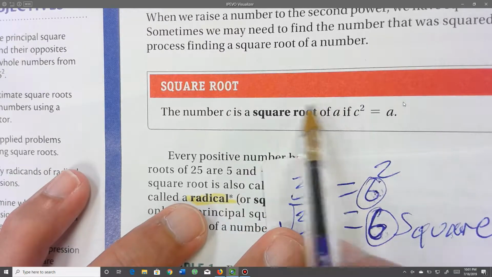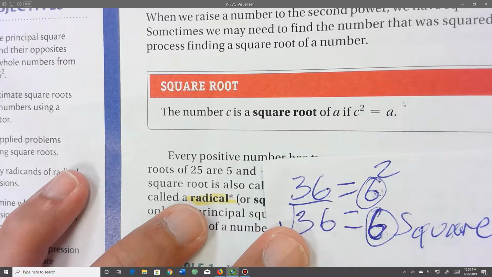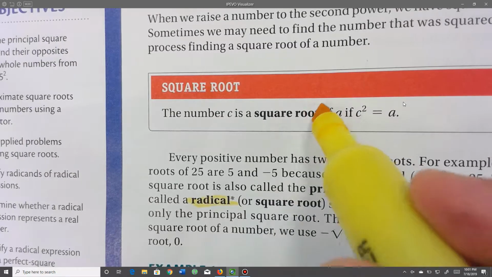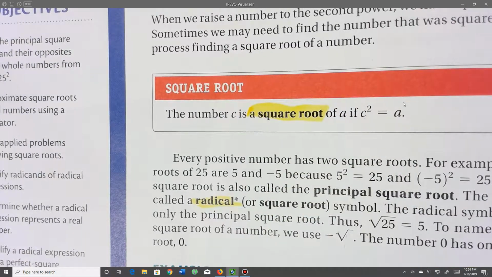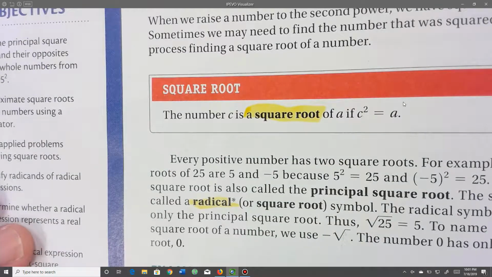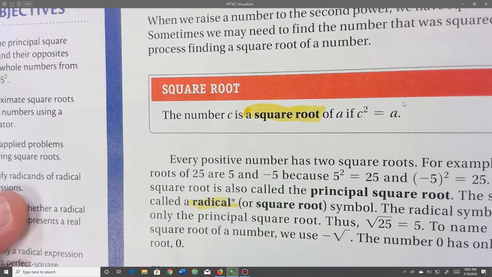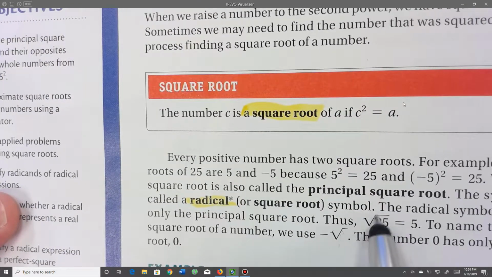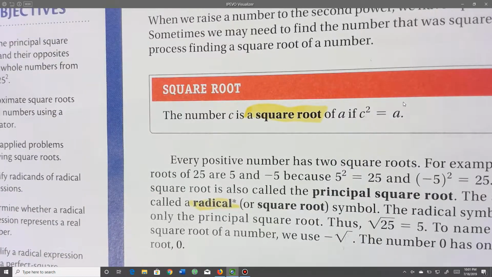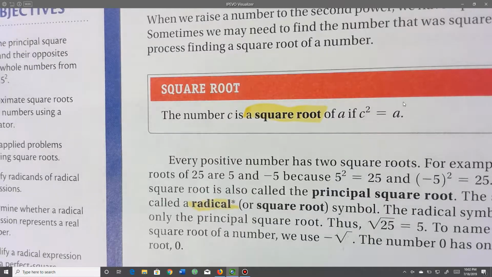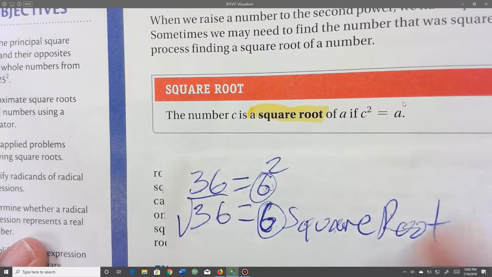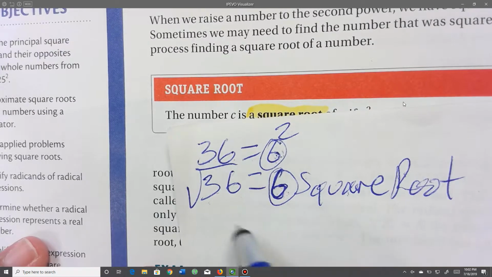So from now on, identify the base as the square root, if you can remember that. I'm not going to test you on it, but it would be nice if you remember that. And this sign is the radical sign. The number inside is called the radicand. We will come to it in a different section, in a different objective.